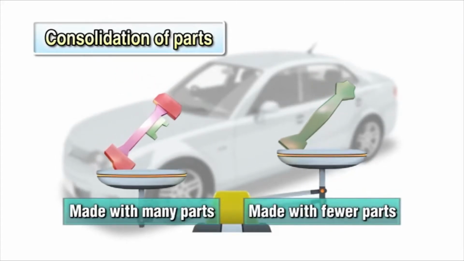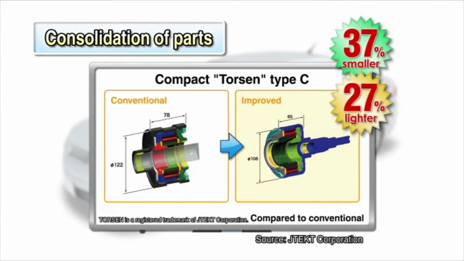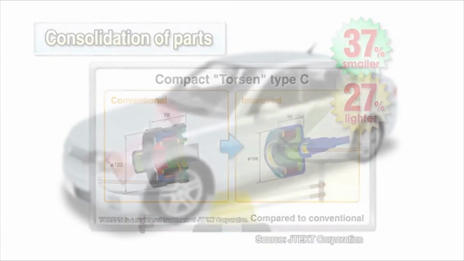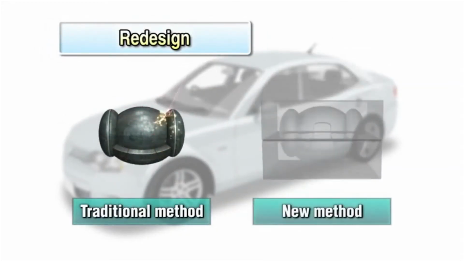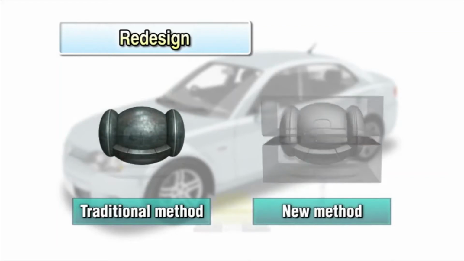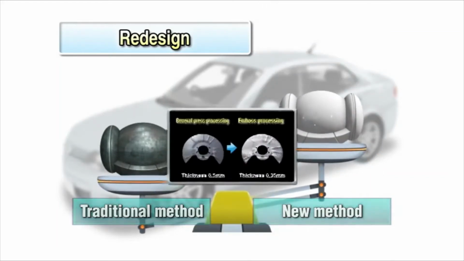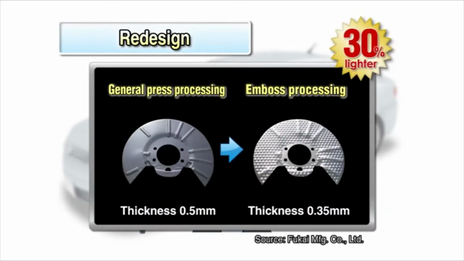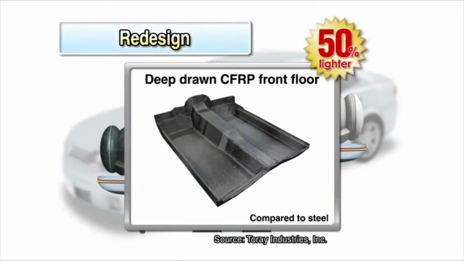By simplifying the construction, parts can be built with fewer pieces, making them smaller and lighter. Manufacturing processes are redesigned to adopt new techniques for making lighter and stronger products that require fewer parts. Availability of new materials can also open up possibilities for improved manufacturing processes.